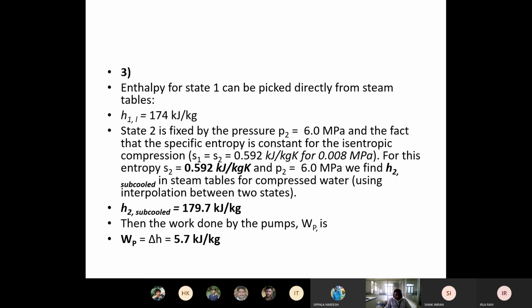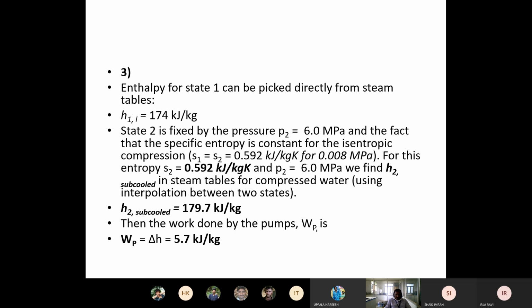The pump is supplying the feed water to the boiler at 6 megapascal. That is the constant pressure heat addition to state 3. This entire process is the constant pressure heat addition process. Being isentropic compression, S1 is equal to S2.